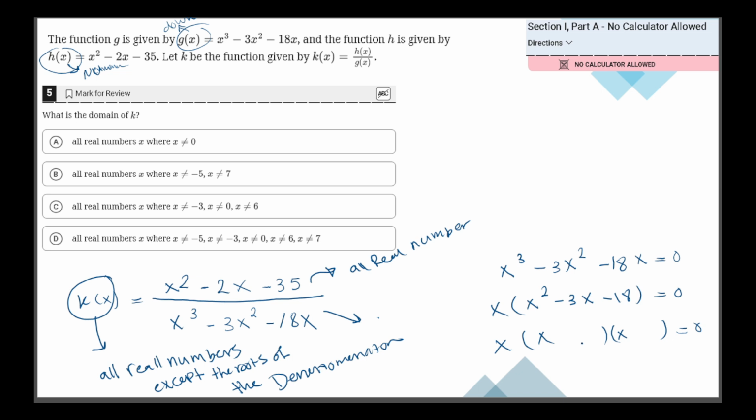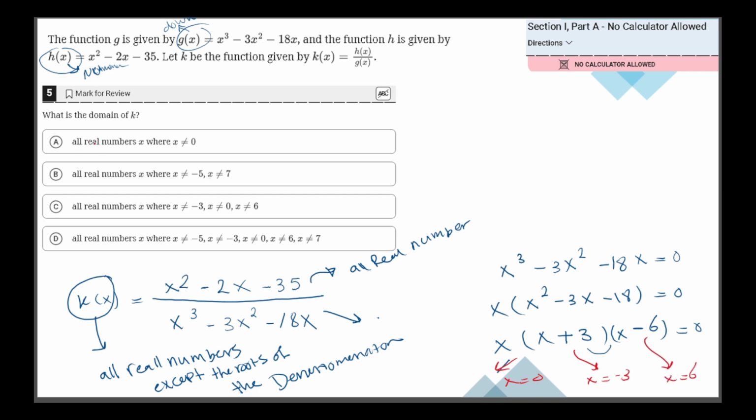Both are 3 and 6, and the sign of the middle term is the sign of the largest. Positive 3x and negative 6x, the summation is negative 3x, which is the middle term. So the zeros are x equals 0, x equals negative 3, and x equals 6.